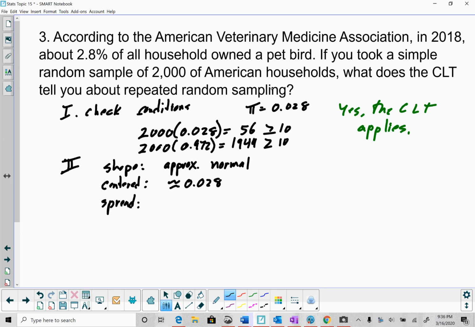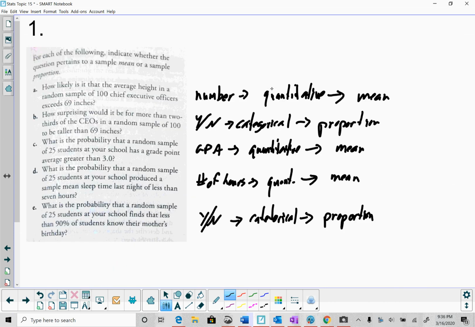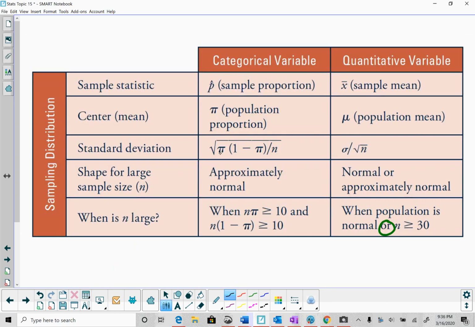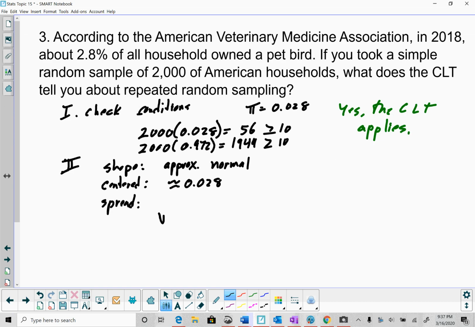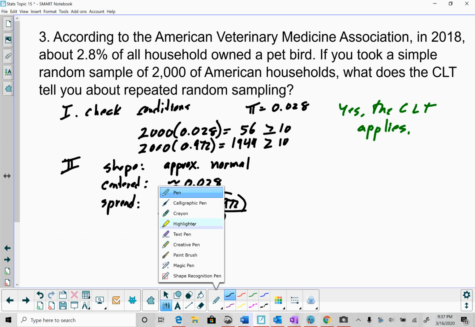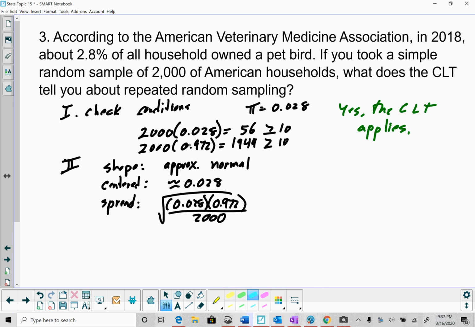We have to calculate what our sample standard deviation would be by taking this row right here, pi times 1 minus pi divided by n, and then take the square root. So in our case, we'll take the 0.028 times the 0.972 and divide it by our sample size of 2,000.